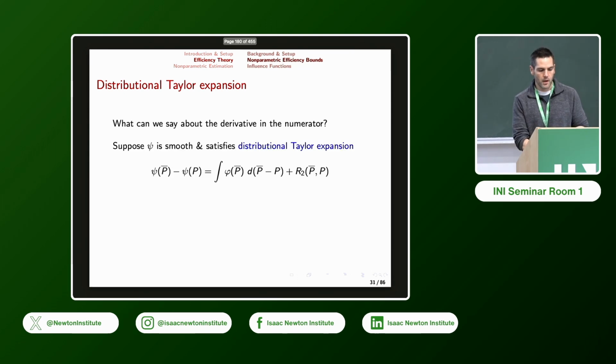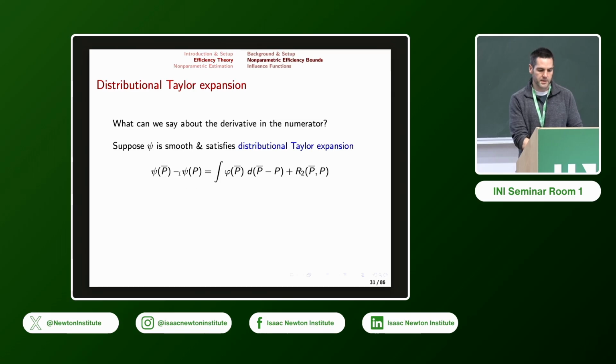Okay, so what we're going to assume is that this functional that we're going after, this parameter psi, satisfies a distributional Taylor expansion. So this really is just like the idea of a Taylor expansion, but on the functional scale, thinking about functionals as maps from distributions to, say, reals.